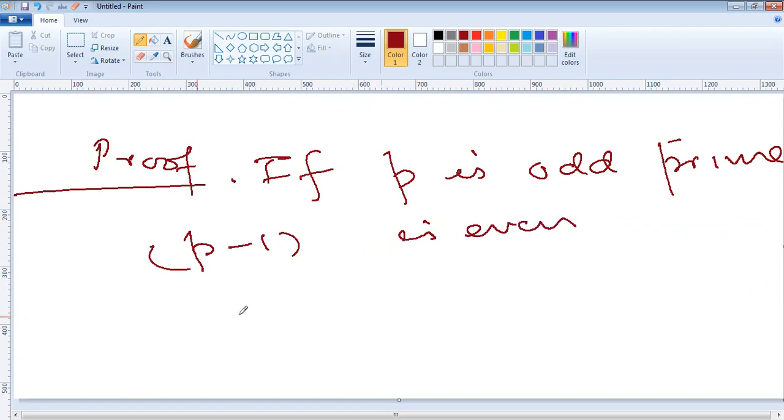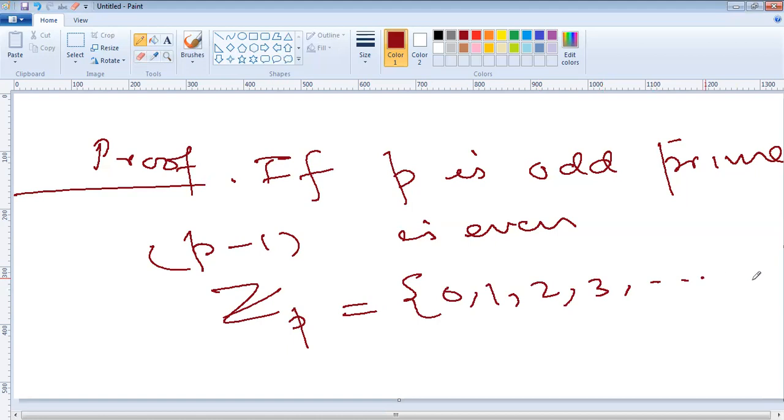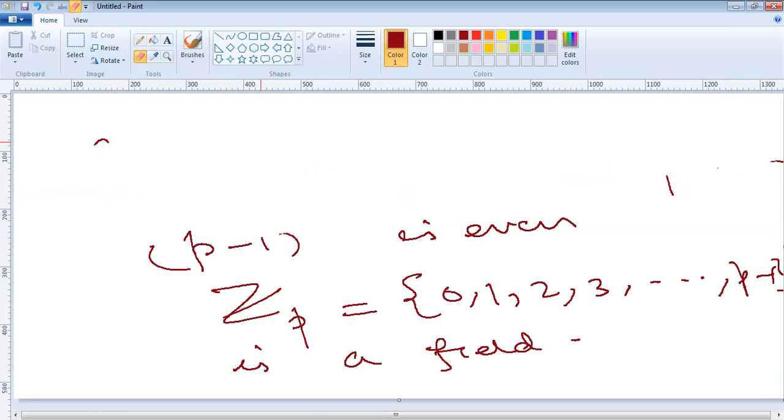Now we have certain things that we have done in our course of ring theory. Here we studied that this set Z_p, which is equal to 0, 1, 2, and so on up to p minus 1, is a field. What does this mean?